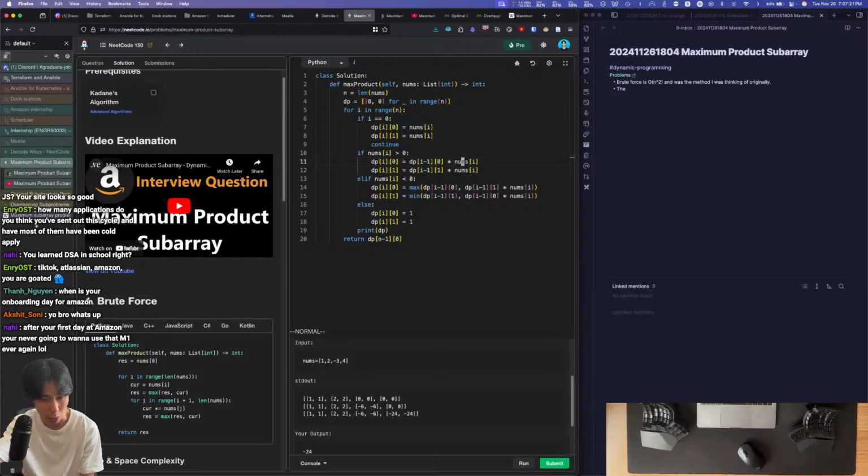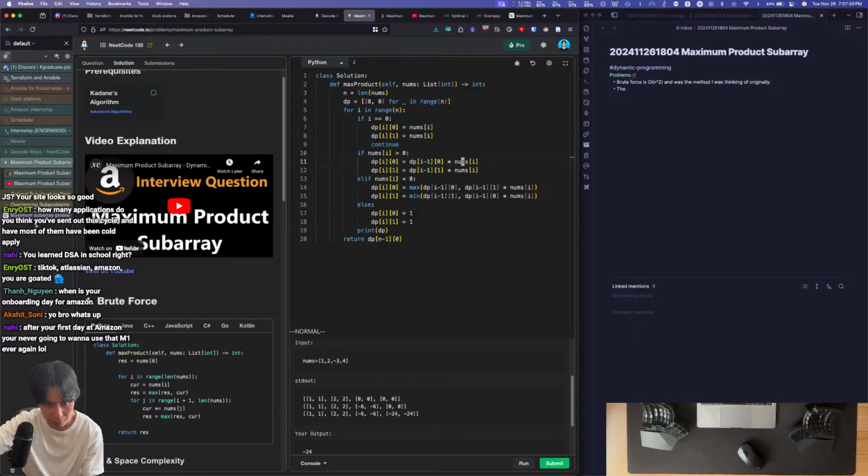Well, if it's positive, it's always going to be positive, right? If it's a negative number times a positive number, it's always going to be positive. I don't see then how that would be different for if it's less than 0.